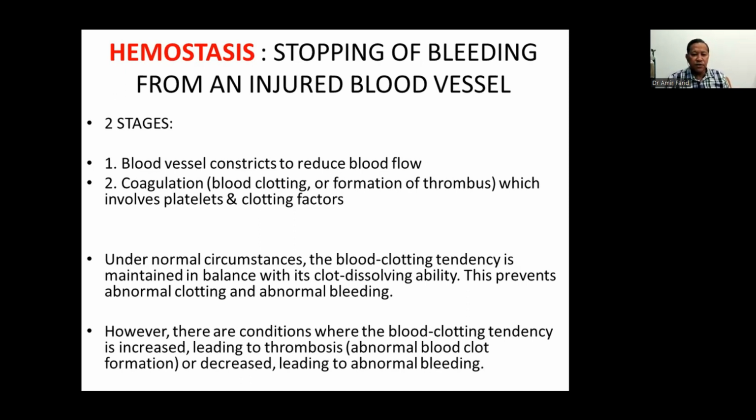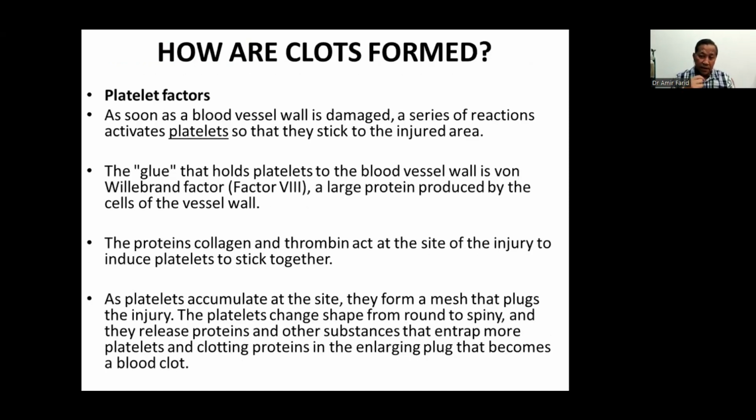However, there are conditions where the blood clotting tendency is increased, leading to thrombosis, which is abnormal blood clot formation, or the tendency can be decreased, leading to abnormal bleeding. So tonight, we are focused on thrombosis, but let's revise first.